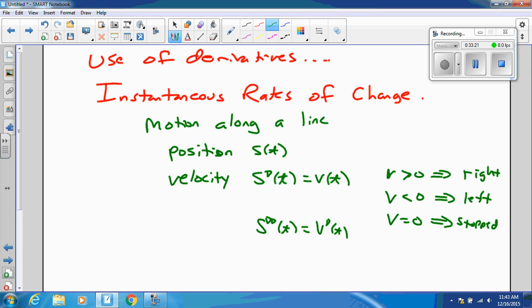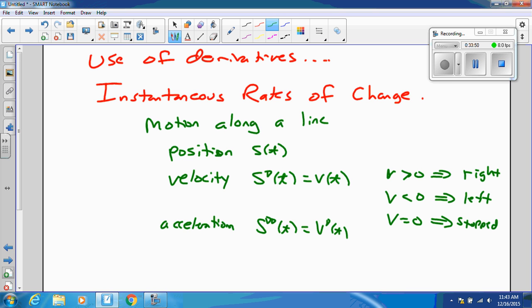We could also apply the logic of derivatives to the velocity. And the derivative of the velocity is called the acceleration. And the acceleration is a little harder to visualize. It isn't how fast you are going, it is how quickly your velocity is changing. So if my acceleration is positive, my velocity must be increasing.